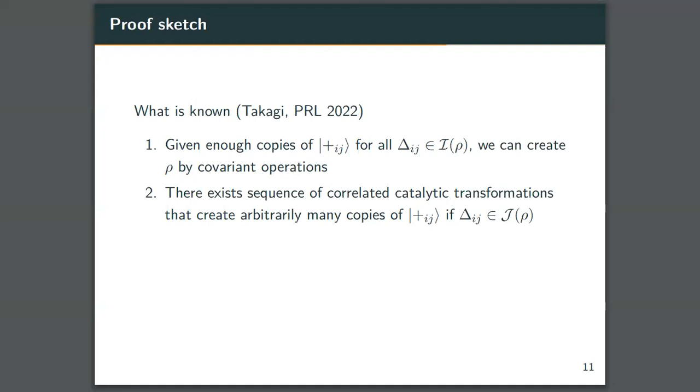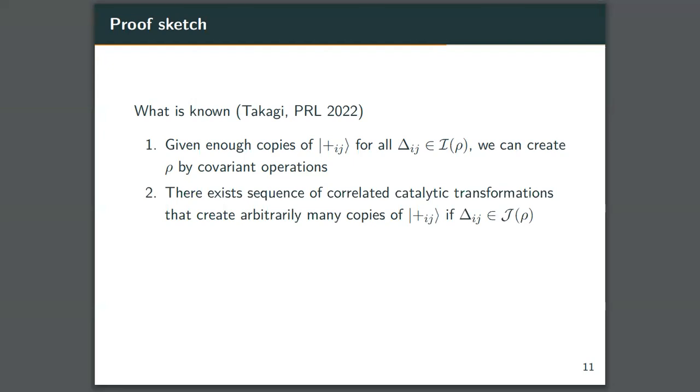We also know that there is a sequence of correlated catalytic transformations that can create arbitrarily many copies of these if it's within the reachable coherence of rho.